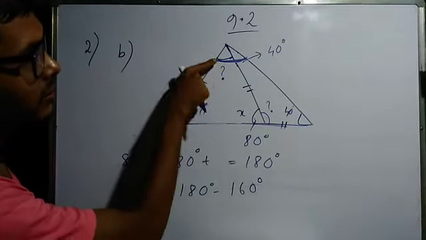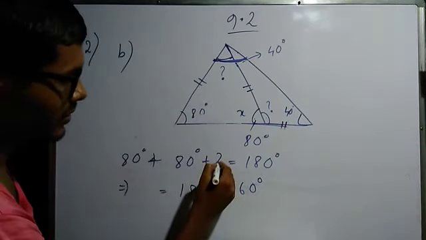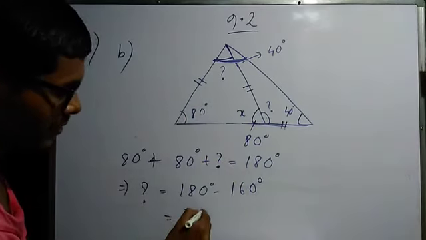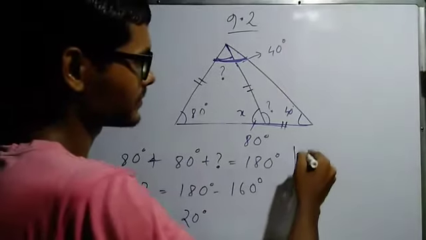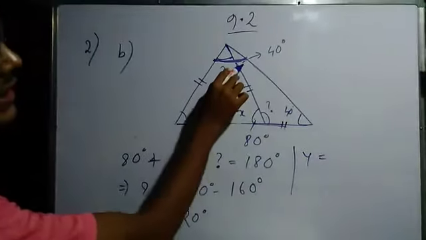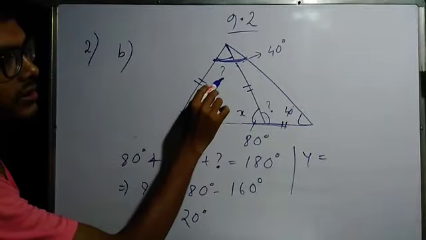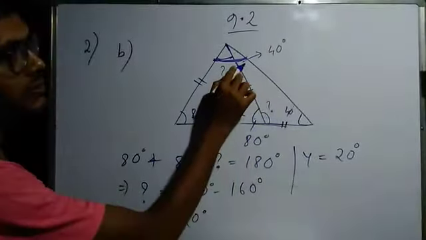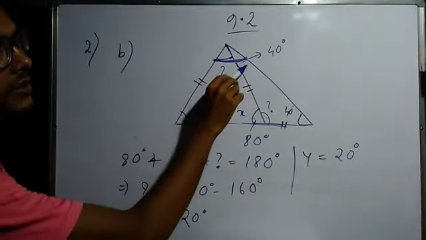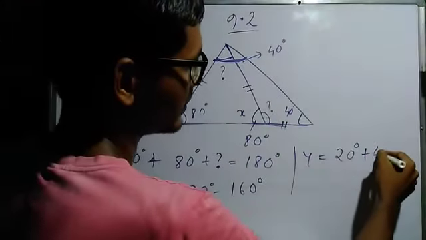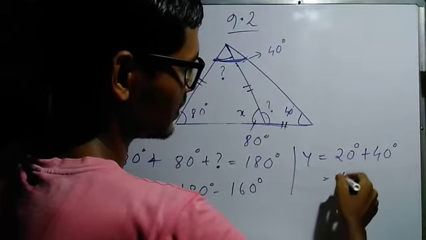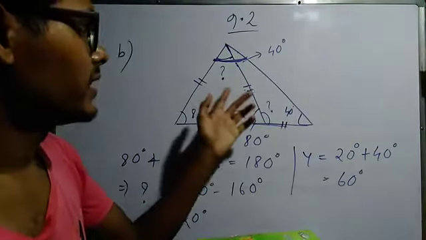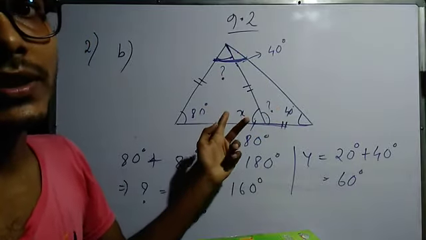I will calculate this smaller angle first. So the question mark is equal to 20 degree. So what will be y? This bigger angle: this question mark angle we got is 20 degree, plus this angle we got in the previous calculation, 40 degree. So add, 60 degree.